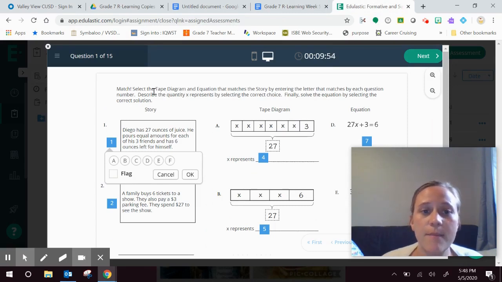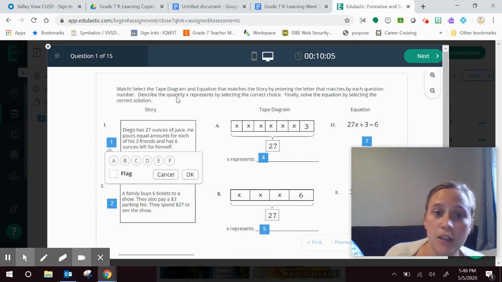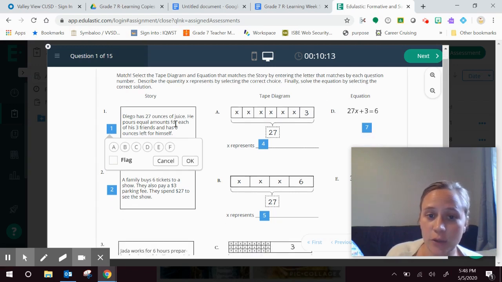First it says match. Select the tape diagram and equation that matches the story by entering the letter that matches by each question number. Then you'll describe the quantity X represents by selecting the correct choice. Finally, solve the equation by selecting the correct solution.